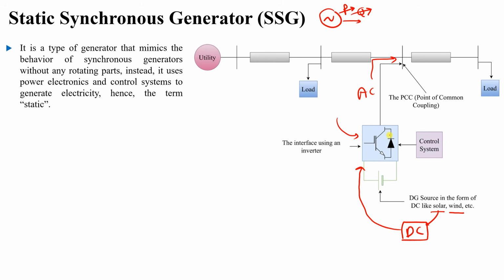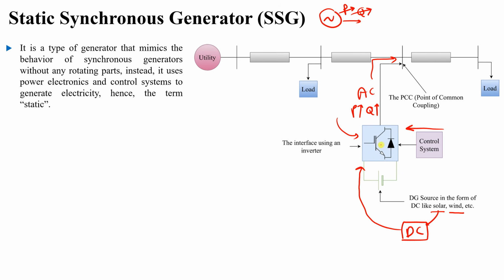Now we can control how much active power and reactive power is fed to the grid by controlling the switching of the inverter itself. So we have a DC source like solar energy fed into an inverter that changes DC into AC.